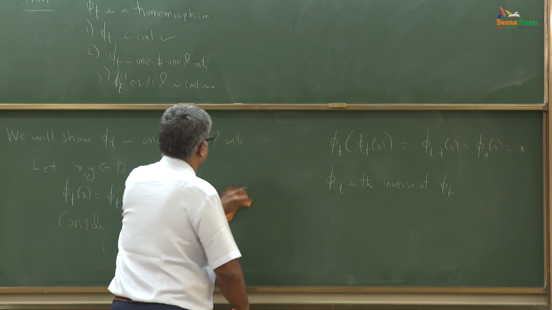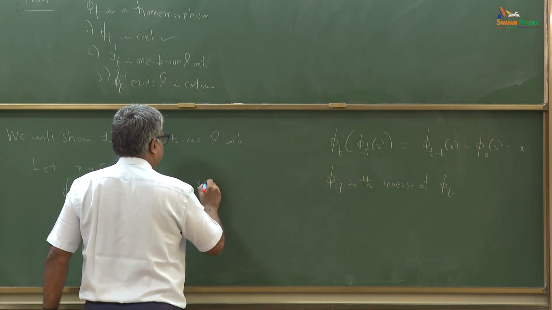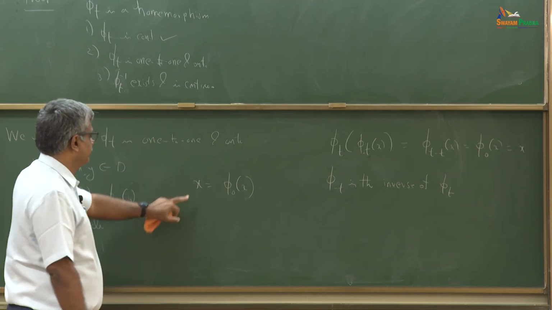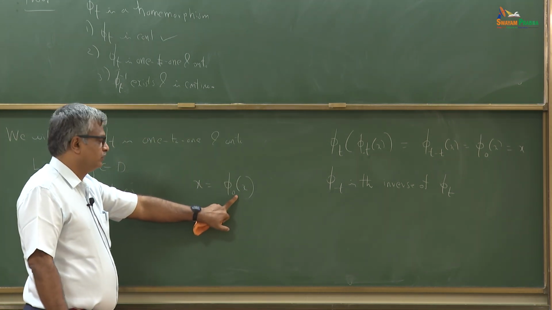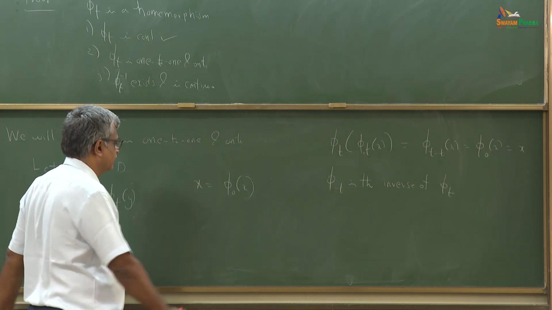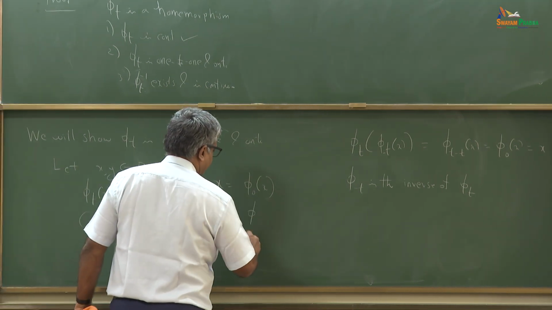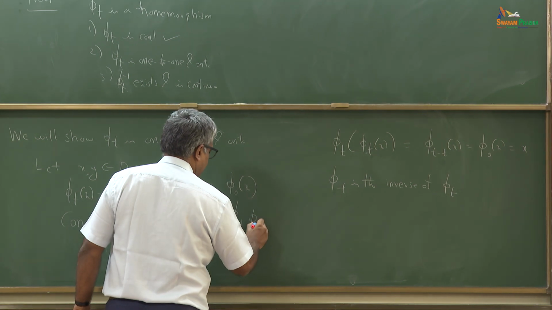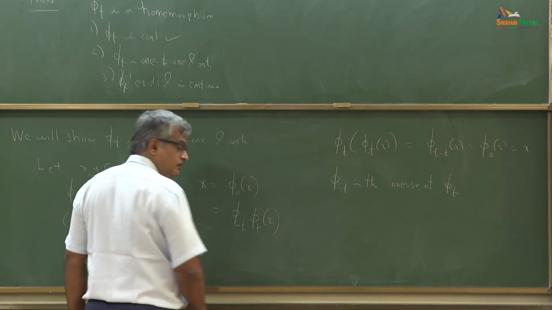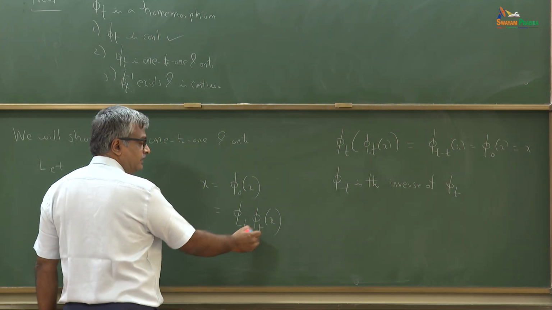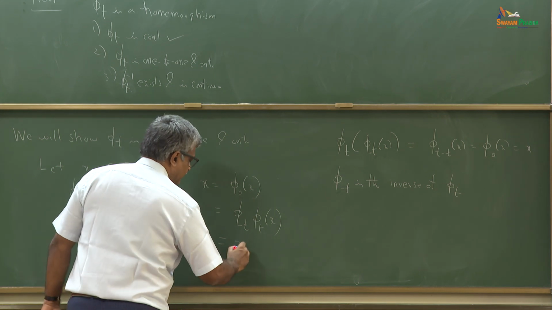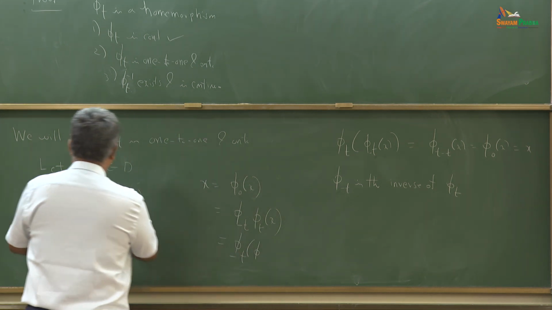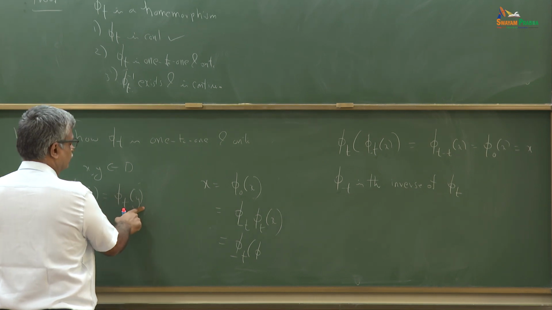So x can be written with t equal to 0, because this is just the consistency condition. So I can write it as phi of minus t plus t. This is nothing but phi minus t of phi t of x, which equals phi minus t of phi t of y.